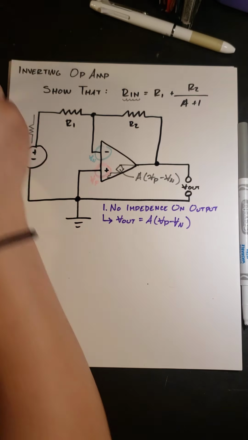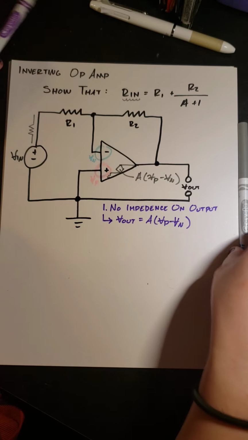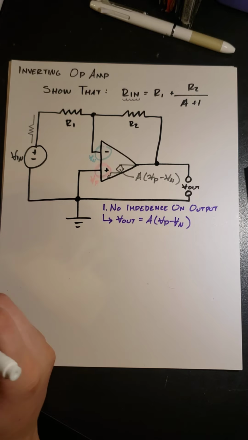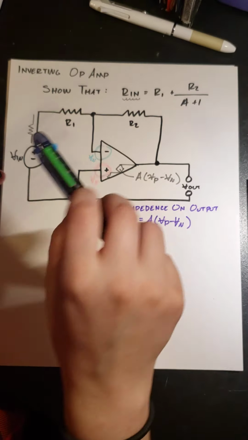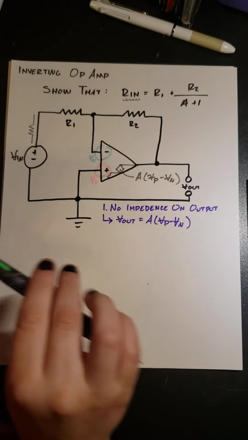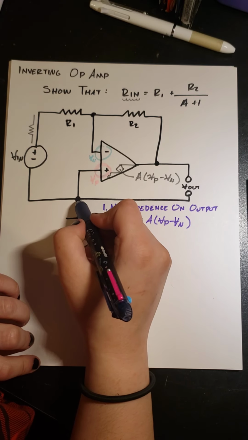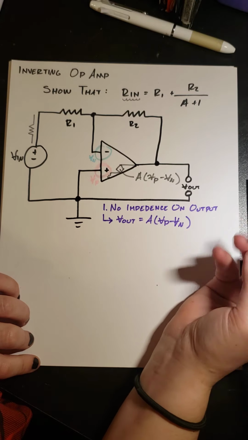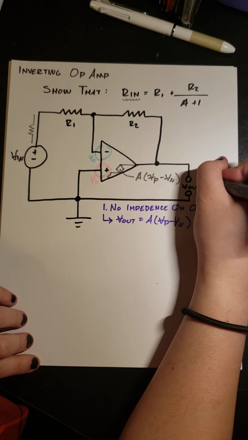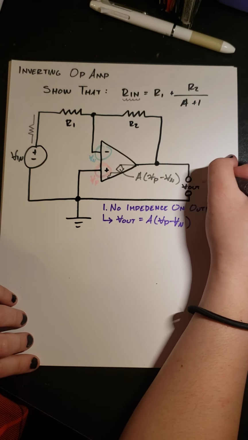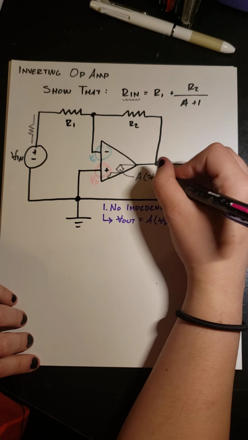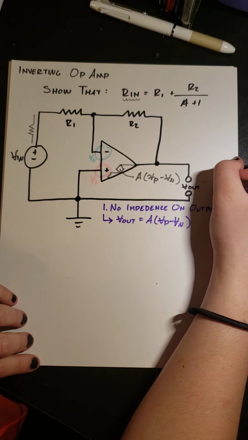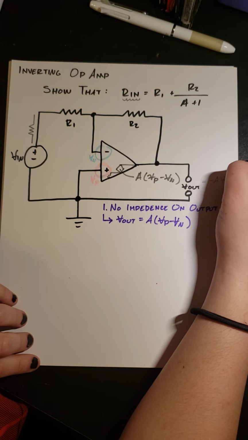Something should strike you as funny here for this specific circuit. We have tied V positive to ground. This means that V positive is 0. So in this circuit, V out now equals minus A times V in.